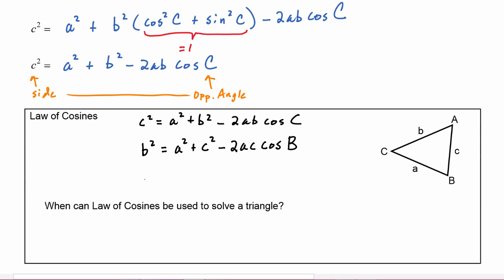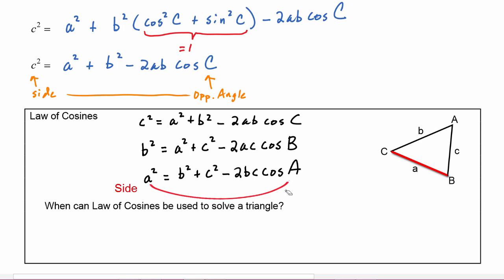And then finally, if we isolate a squared, we have to put the other two sides as b squared plus c squared minus 2bc cosine of A. Because if I have side a isolated over here, then I have to have angle A in the argument of the cosine.